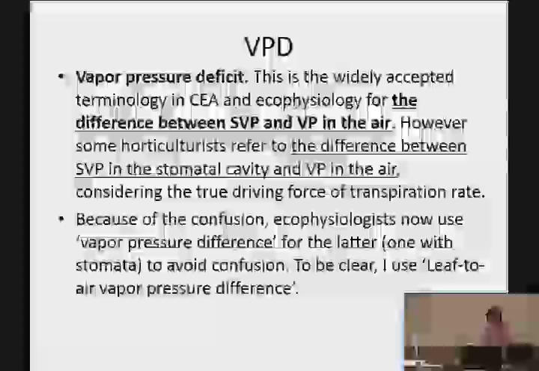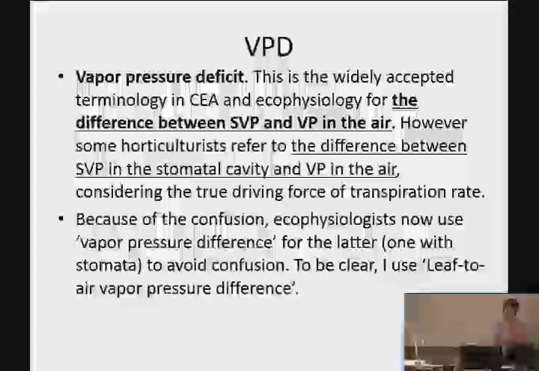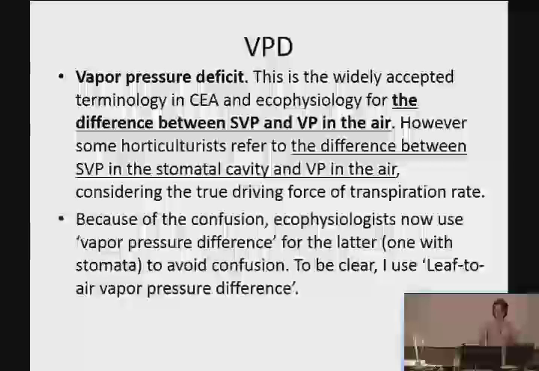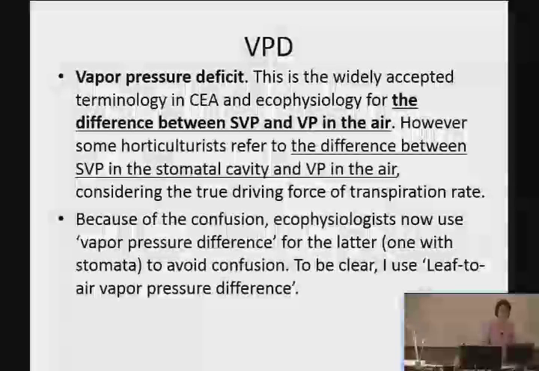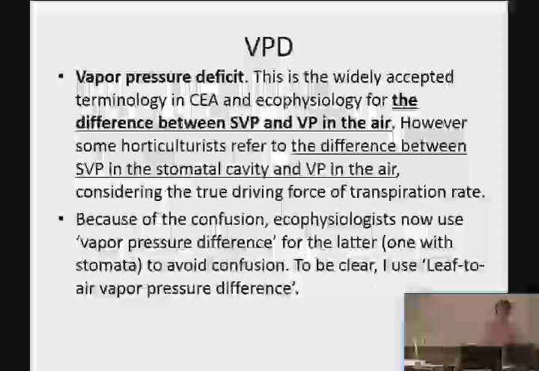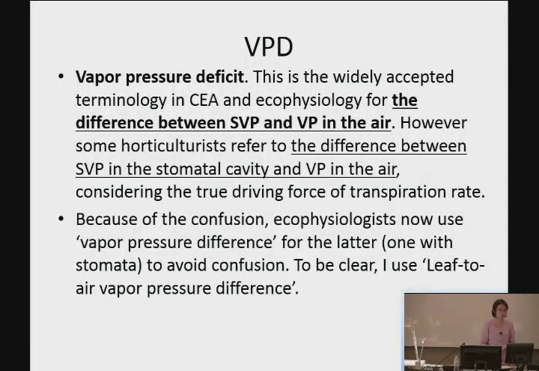So the vapor pressure deficit is widely accepted terminology in controlled environment agriculture and ecophysiology for the difference between saturated vapor pressure and vapor pressure in the air. That's exactly what you understood today. However, some horticulturists refer to the difference between saturation vapor pressure in the stomatal cavity, so here the concept of plants comes in, not in the air but in the stomatal cavity, and vapor pressure in the air.